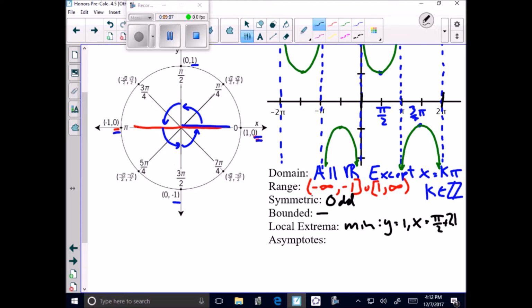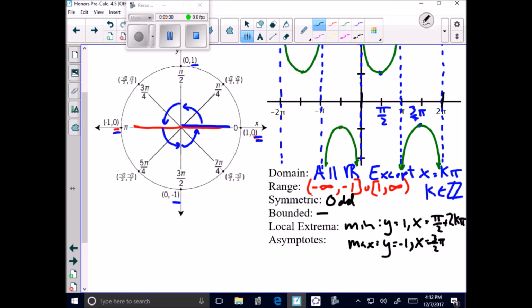So we would say pi over 2 plus 2k pi would give us basically every y equals 1 min for the graph of cosecant. As far as maxes go, we can say that we have y equals -1 as a local max, and that happens at x equals 3/2 pi in our first period.